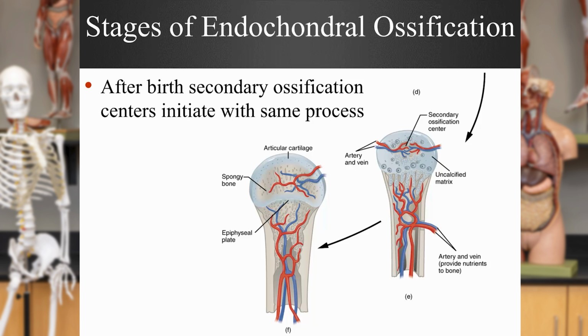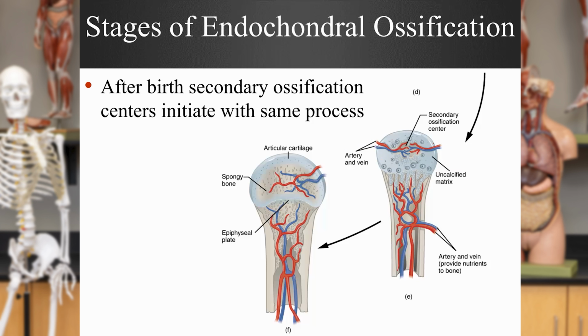But after birth, you'll start with the secondary ossification center. Same exact process. This secondary ossification center starts with the calcification of the matrix. As the matrix calcifies, you have more osteoblast cells coming in on these blood vessels. So as more blood vessels come in, you continue the growth of the spongy bone.